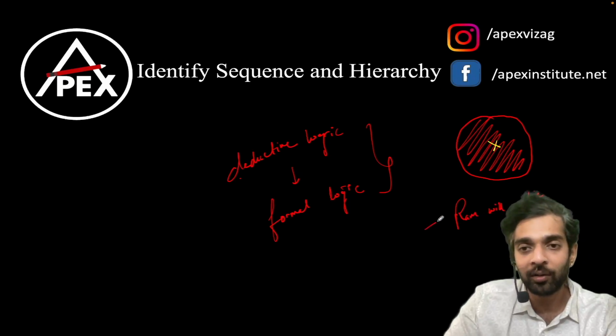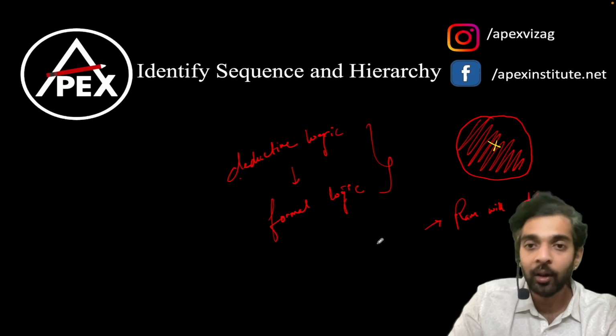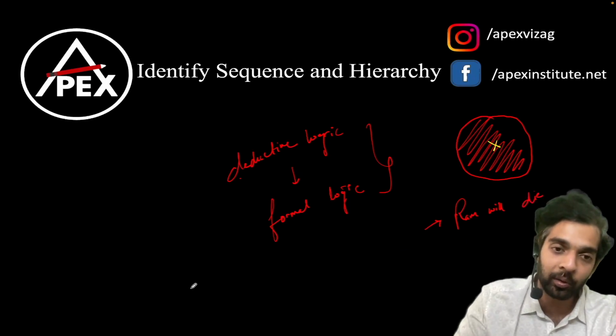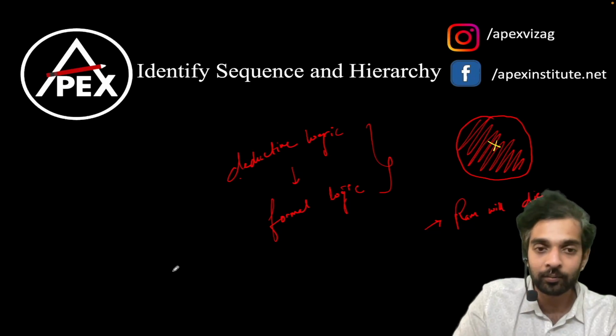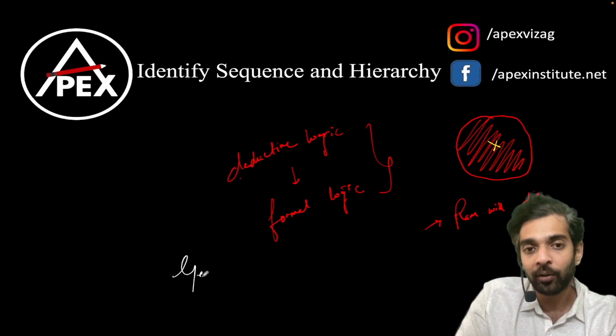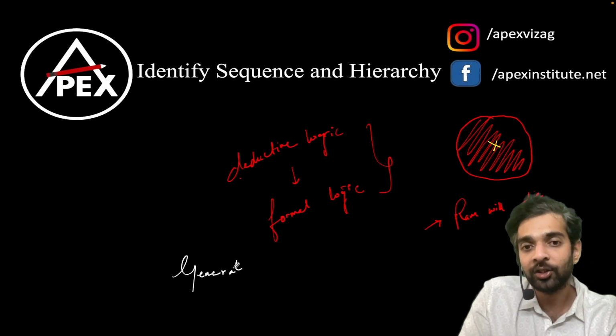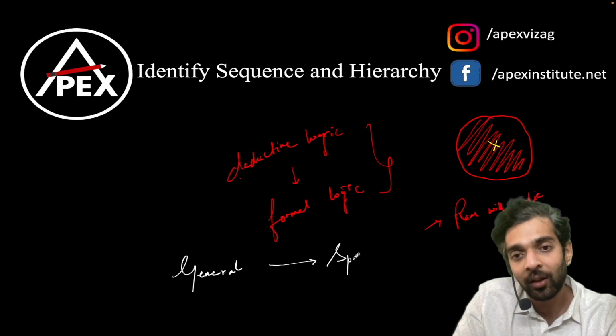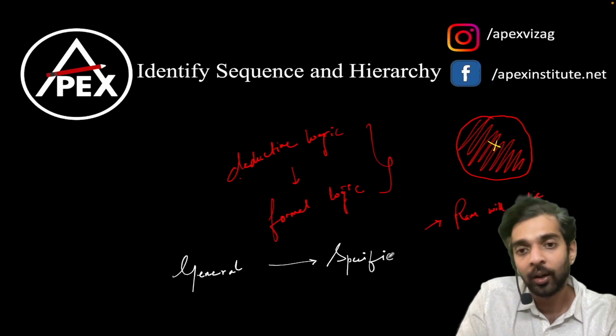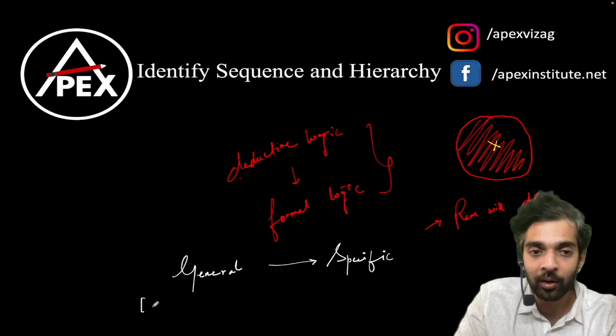So I'm coming to this conclusion. How did I come to this conclusion? I took something that is extremely general and then moved towards something that is very, very specific. What was my general statement?